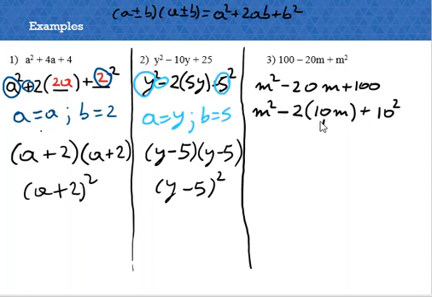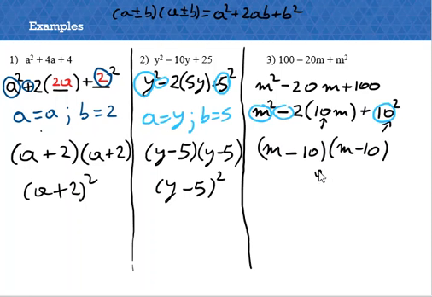Again, I see 10 here, 10 here, tells me that this is a perfect square. So we're just going to take m, that's going to be our a, minus, and then 10 is going to be our b in this particular case. And so we have that m minus 10 times m minus 10, or m minus 10 squared.